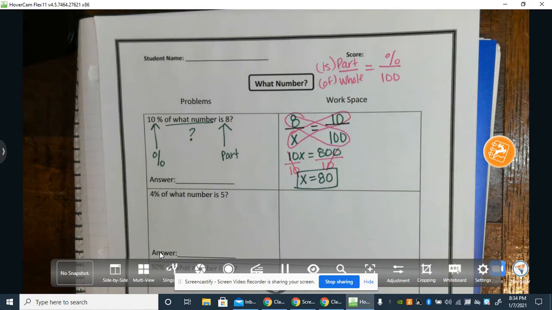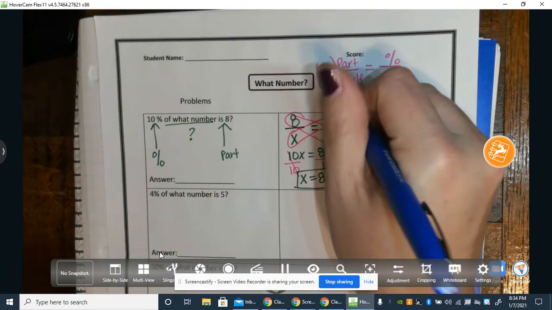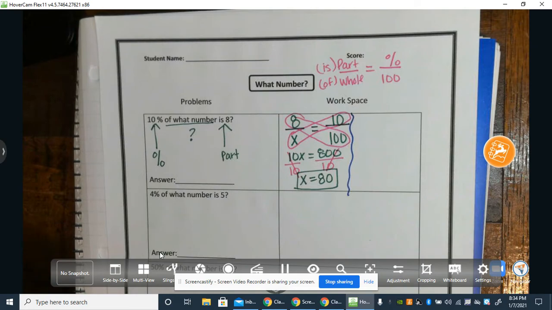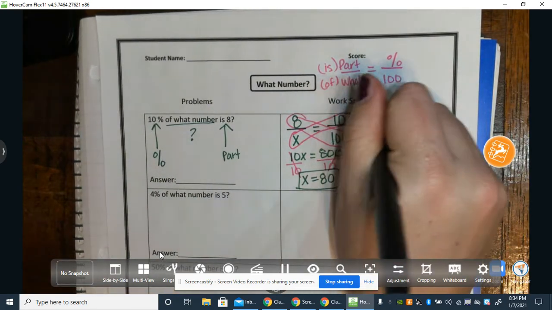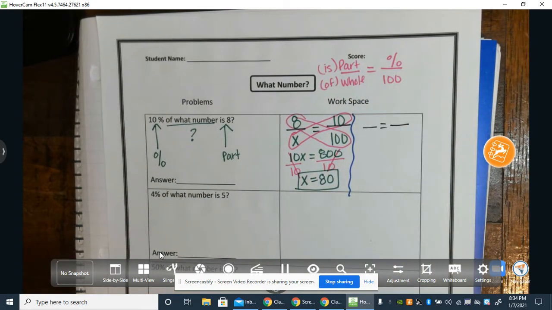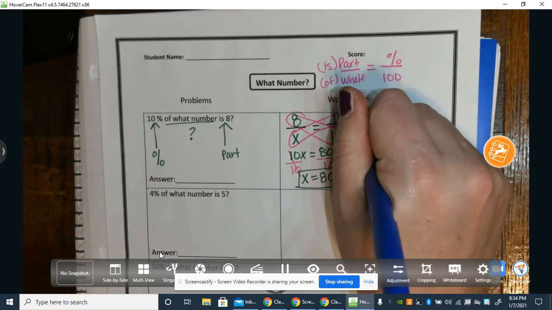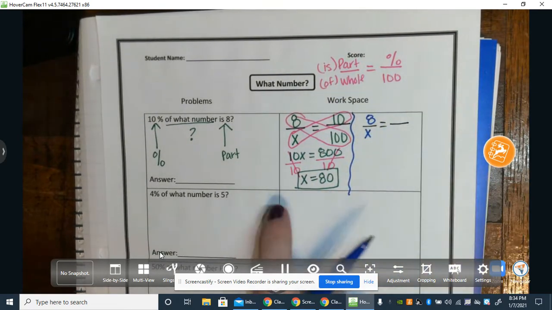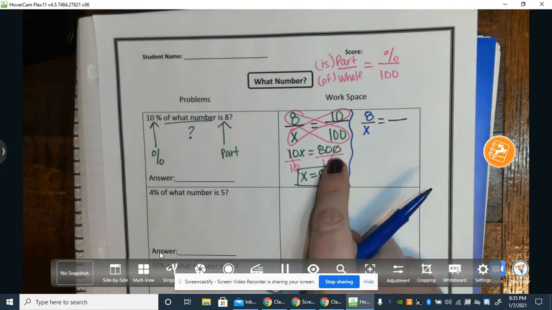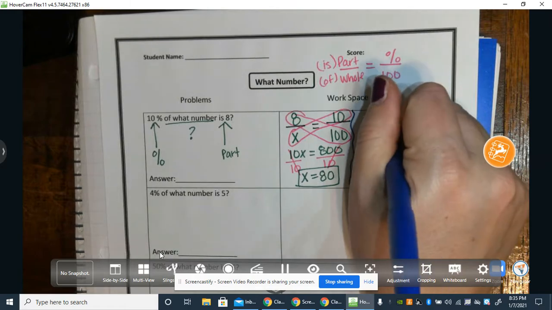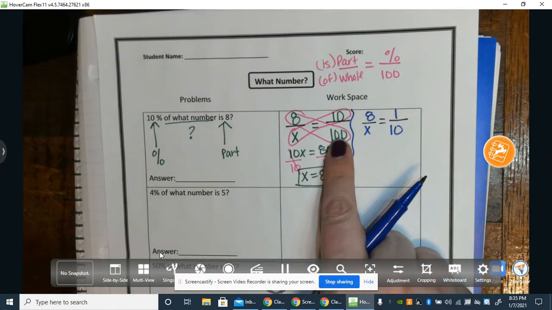Okay, there's one more way you could look at it. If you set it up just like this, so I'm going to draw a line right down the middle to show that there's a second way you could solve this. And if you were like, oh, well, Miss Delcambre, I didn't like that way. But I'm going to set up everything like it is. And 10 over 100 reduces to 1 over 10. You can simplify this, guys.